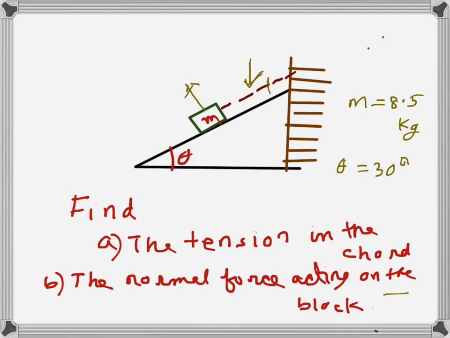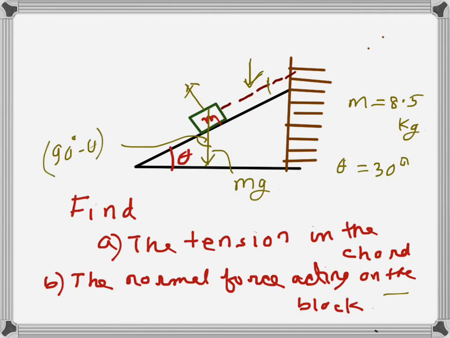So this is the mass m, and its weight is acting in this direction. This is the direction of g or mg. This angle is 90 degrees minus theta.